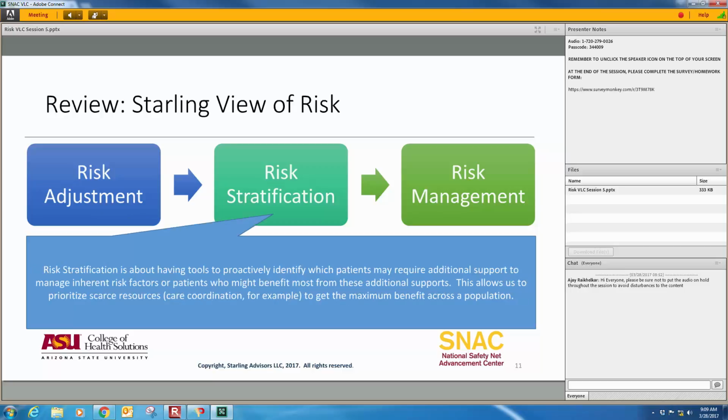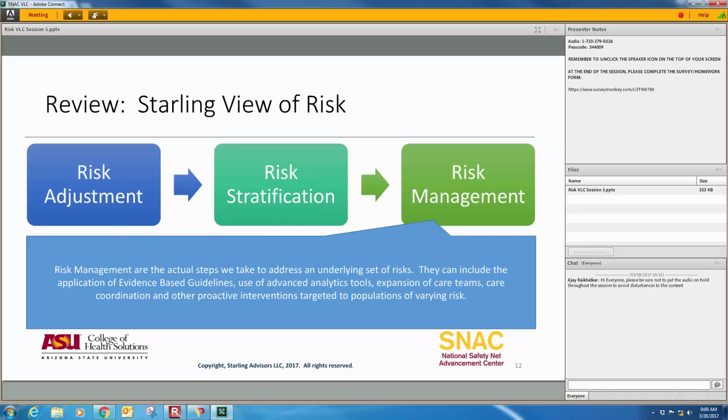Risk stratification is about being able to use tools to be proactive and somewhat predictive about which patients might require different support services and different types of interventions. Being able to provide information around risk scoring that allows us to essentially triage our intervention models is what risk stratification gets at.